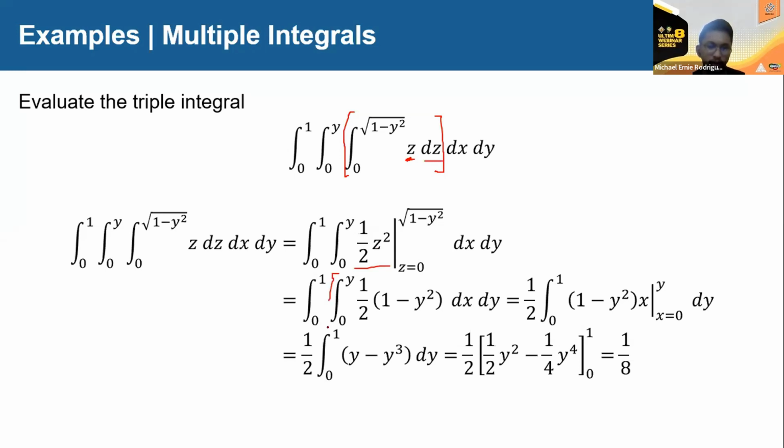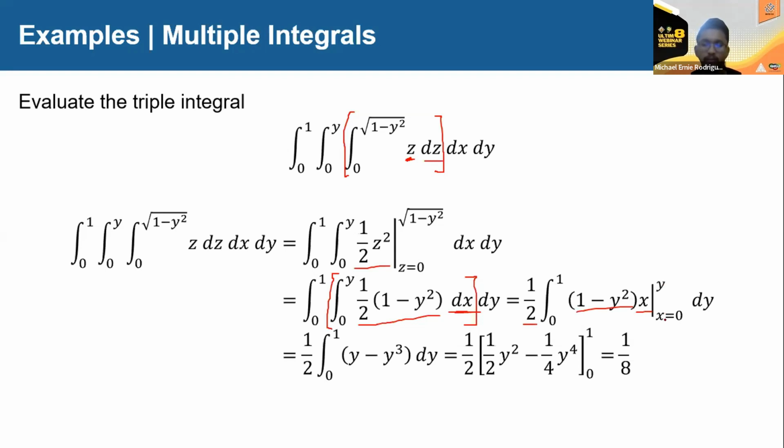And then sa sunod, second tayo. Ito naman, basta yun sa loob, and then up to this dx. This is in terms of y, no? So we just integrate dx. Okay? So yung 1/2 times 1 minus y squared will be treated as constant since we integrate with respect to x, no? Okay? So constant yan. So integral of dx is x, times the constant. We have 1/2 times 1 minus y squared.